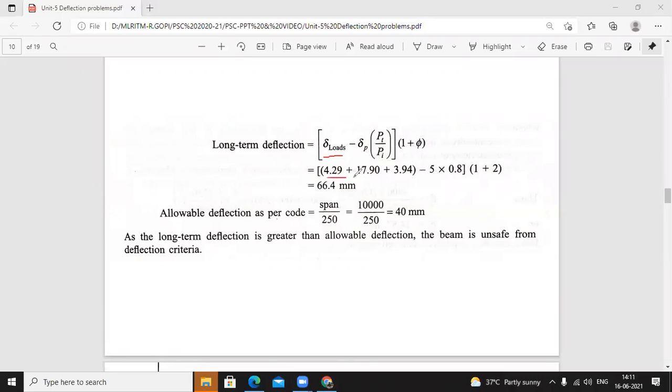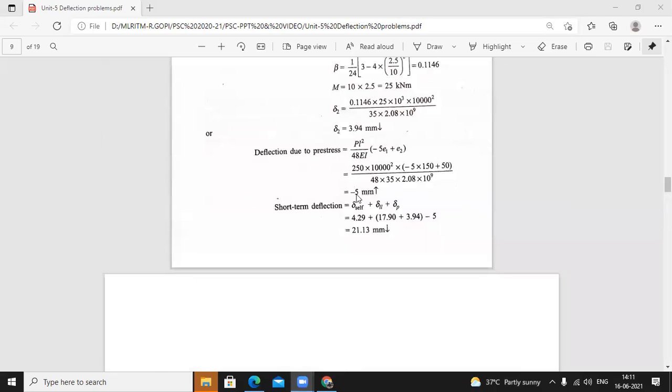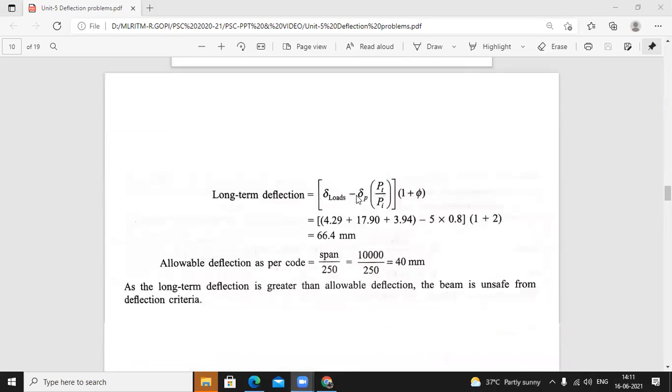Deflection due to self-weight plus UDL load, self-weight plus live load. Next, minus. What is the deflection due to pre-stressing force? We already found it is minus 5 mm. Okay, substitute that minus 5 here.